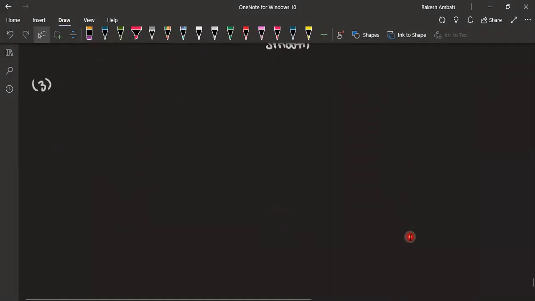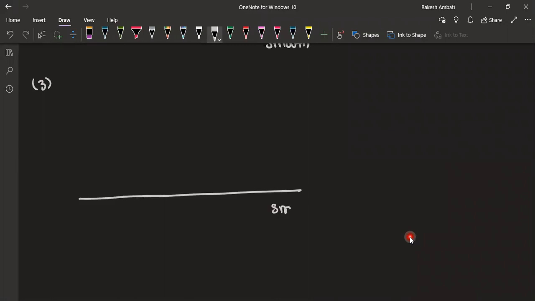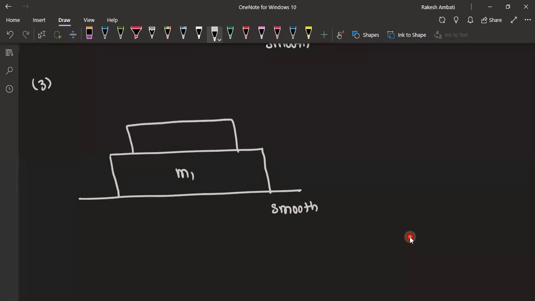Write down the third question, some difficult one. For example, it is a smooth surface. This is homework. No, we will do it. Okay. So this block, for example, M1, and this block, for example, M2, and here it is a rough surface.